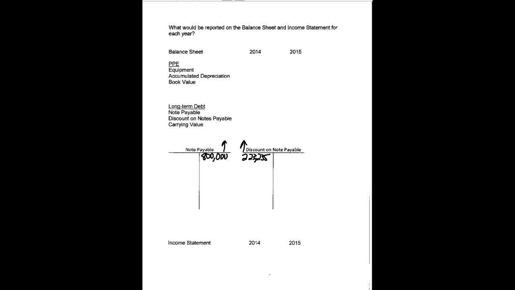And I also want to make a note, just for reference, this represents the future interest. So we took the gross amount of the note, we discounted the interest out of it, so that we have our principal amount of the 576, whatever it was. Okay, so there we go on that.